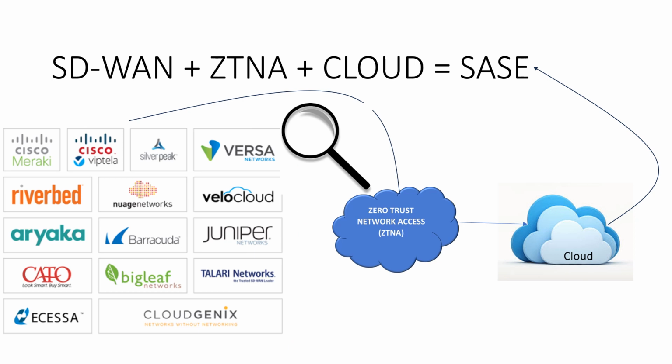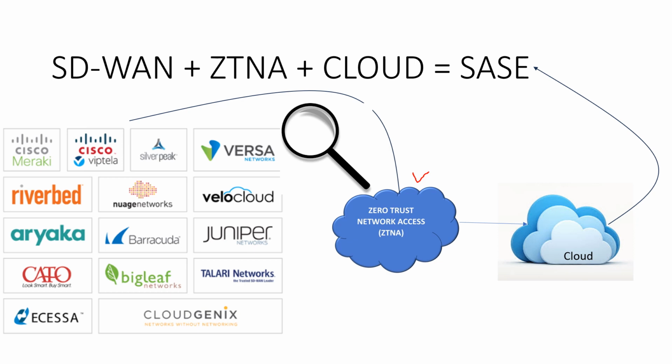The second component is Zero Trust Network Access, ZTNA. ZTNA is a framework which is based on the principle of never trust, always verify, unlike the traditional perimeter-based security model that assumes trust within the network and distrust outside it.